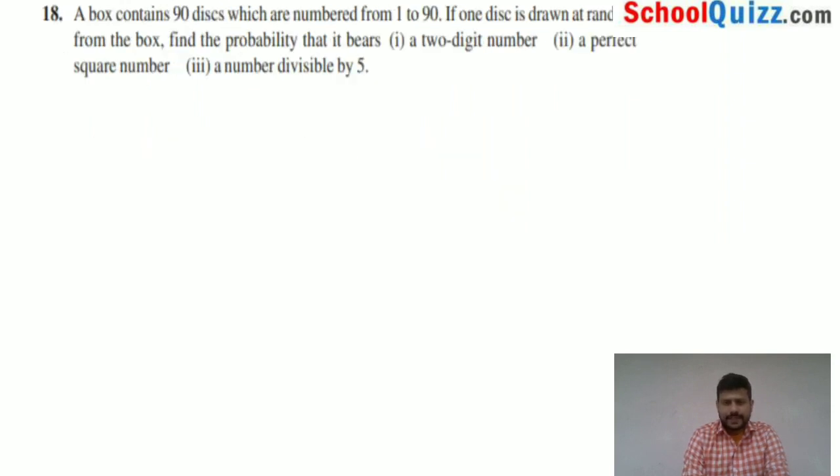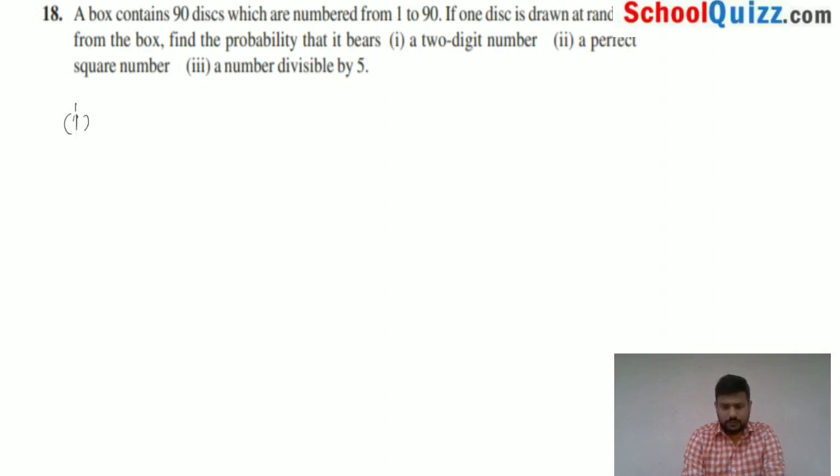Question number 18 states that a box contains 90 discs which are numbered from 1 to 90. If one disc is drawn at random from the box, find the probability that it bears a 2-digit number, a perfect square number, a number divisible by 5. We will proceed with the first part, that is a 2-digit number.